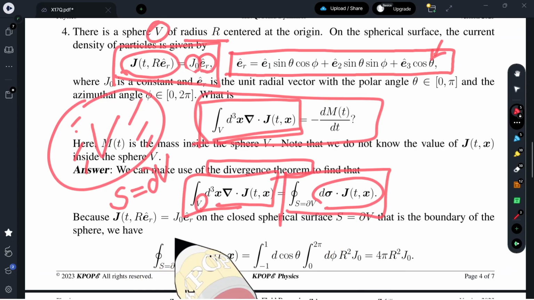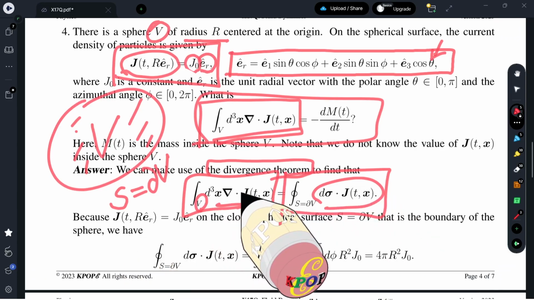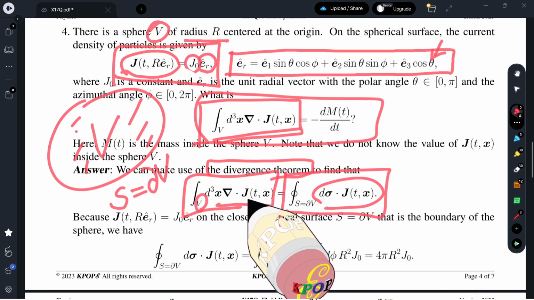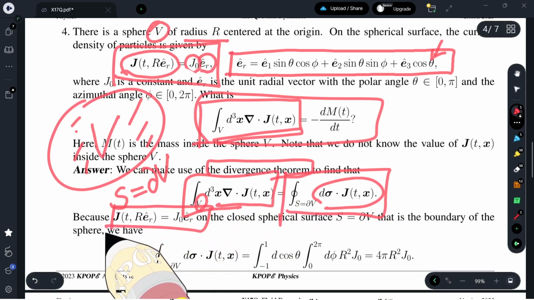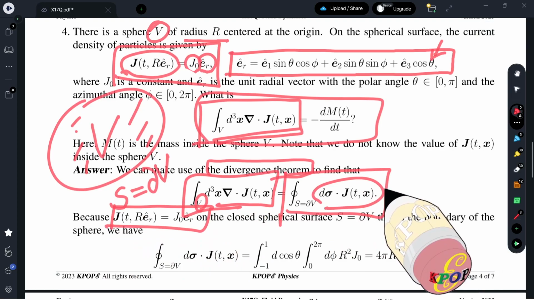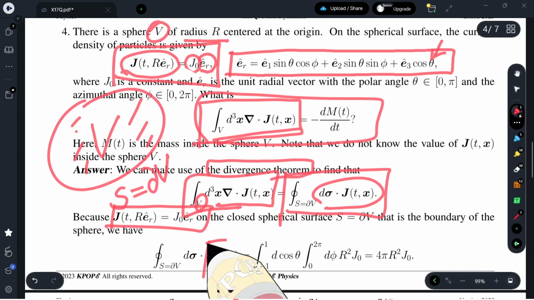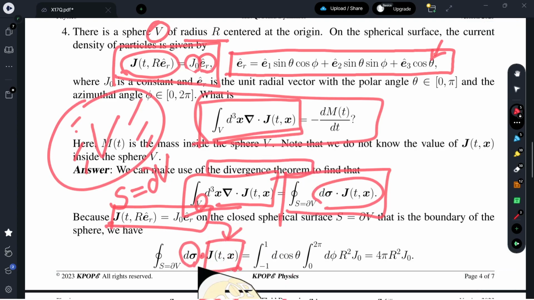Let's see. Divergence J is not known. However, we know what J is on the spherical surface. On the spherical surface, we copy this current density here and multiply as a scalar product by the spherical surface element.